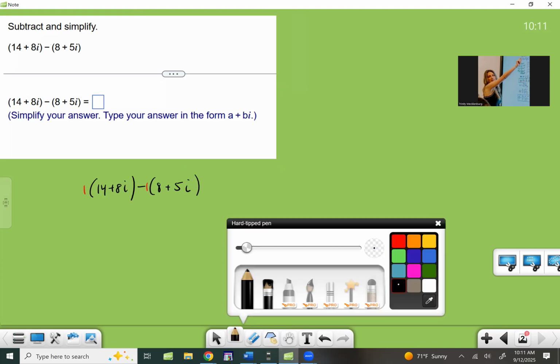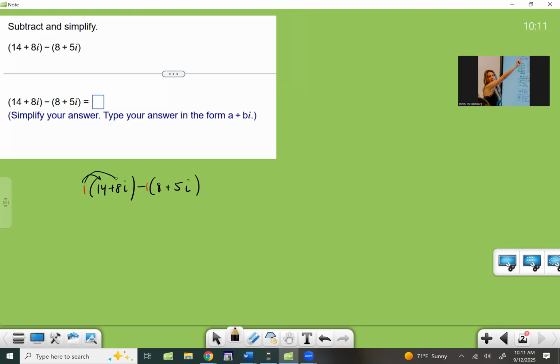So we're going to go ahead and multiply by 1, which we know multiplying by 1 doesn't do anything. So this one's going to stay exactly the same. If you want to, you can just basically get rid of the parentheses in that. Now over here, though, we're distributing a negative 1. So a negative times a positive equals a negative, and a negative times a positive equals a negative. So it's just basically going to change the signs on everything that's in the parentheses behind it.